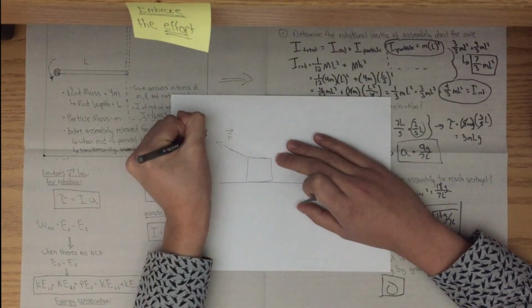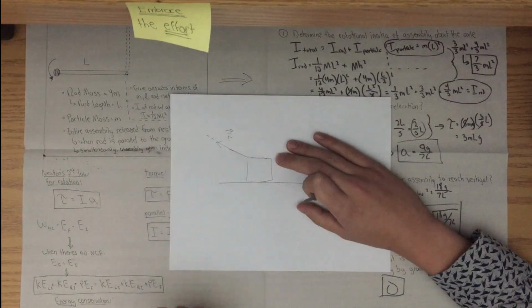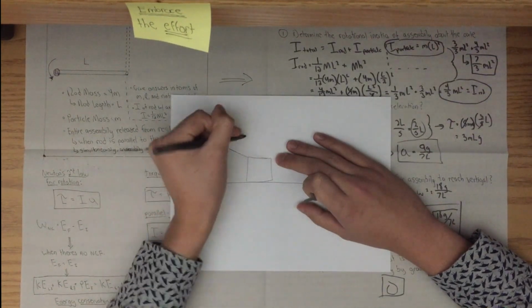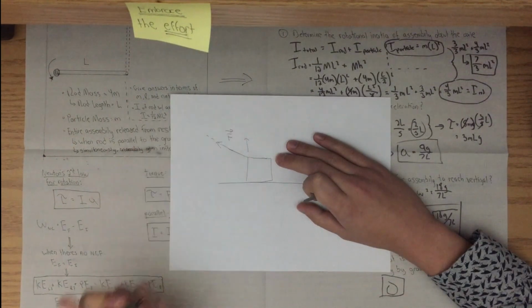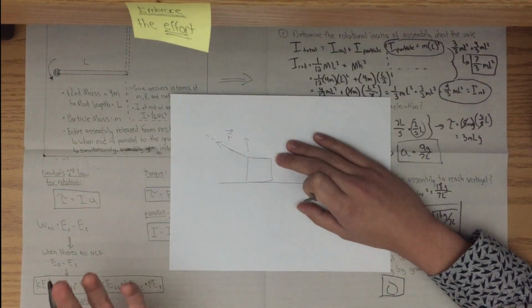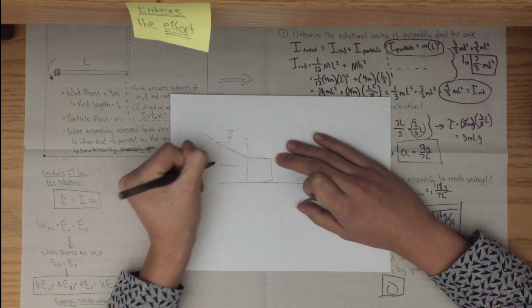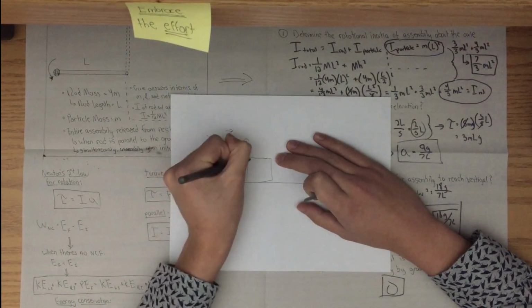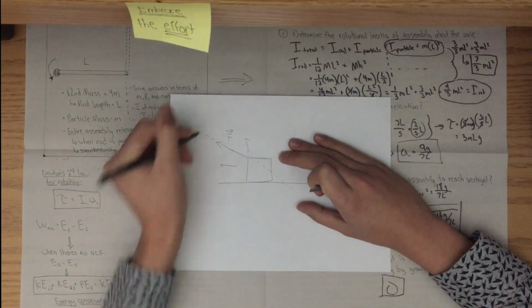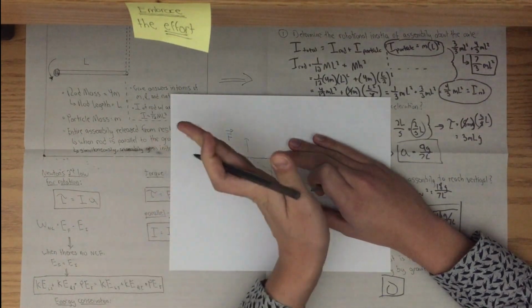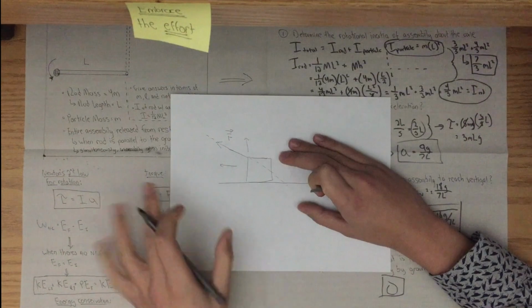The direction of this force obviously matters, right? Because if I were to push this way, the movement would be very different than if I were to push this way. So here, this is our direction of force, and this entire direction is our moment arm. That's the direction of the force.